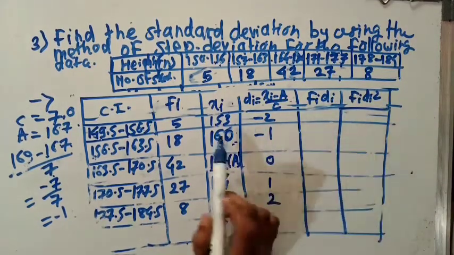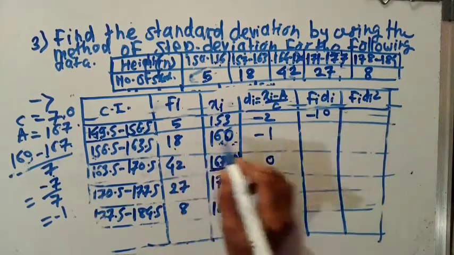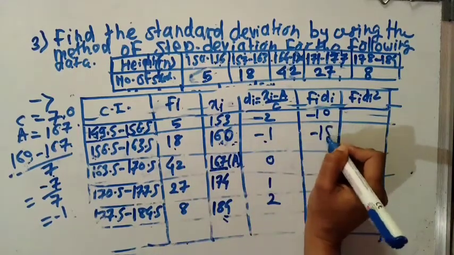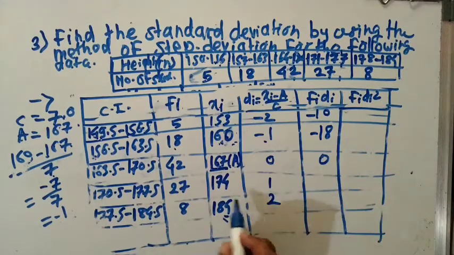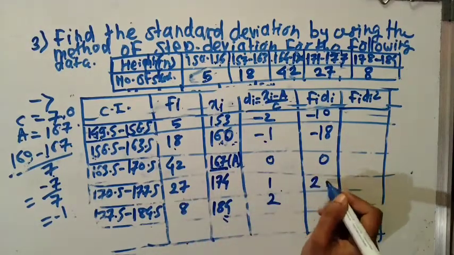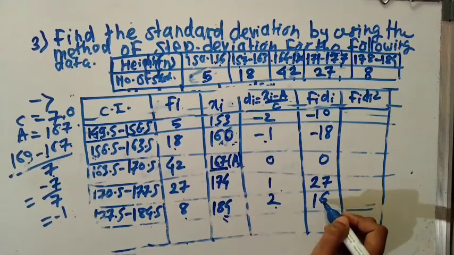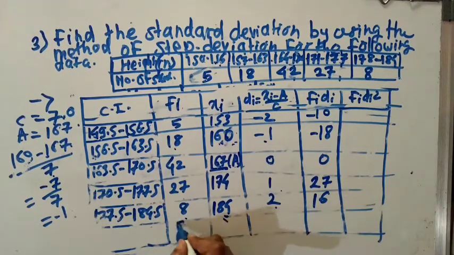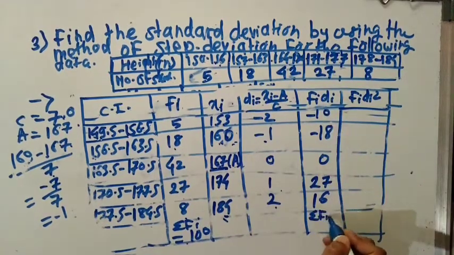Then fi into di means 5 into minus 2 is minus 10, 18 into minus 1 is minus 18, 42 into 0 is 0, 27 into 1 is 27, 8 into 2 is 16. Then find out the summation of fi, all this summation is 100, and then the summation of fi di.